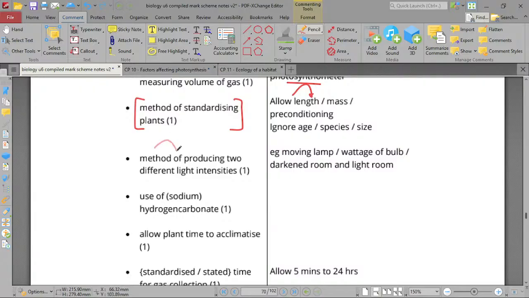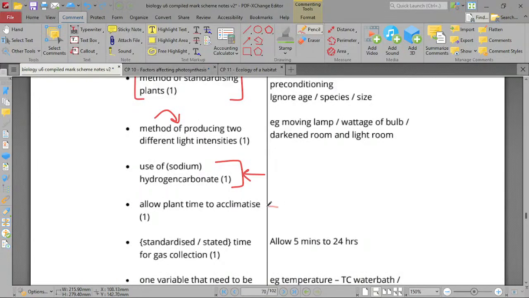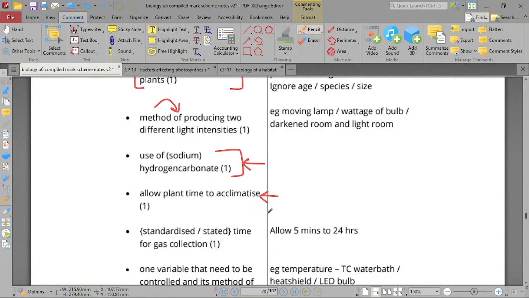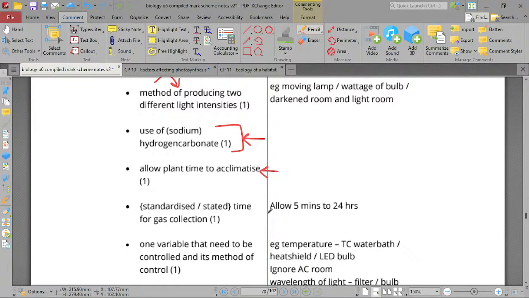How do we produce the two different light intensities? By moving the lamp closer and farther, using the sodium hydrogen carbonate, which provides carbon dioxide, allowing the plant to acclimatize for 5 minutes before you start the timer. Then you place the photosynthometer, start the timer, and start collection for 5 minutes after the plant is acclimatized.